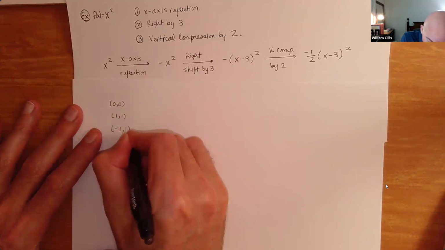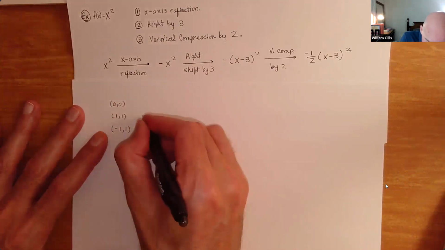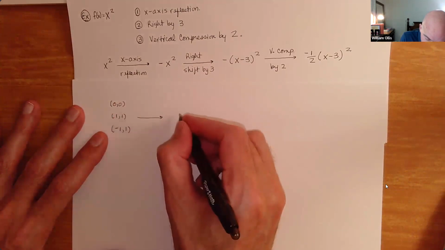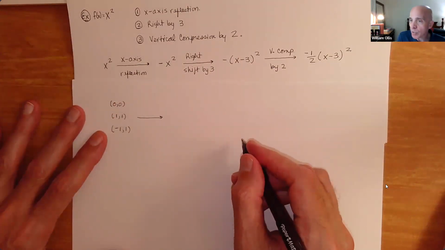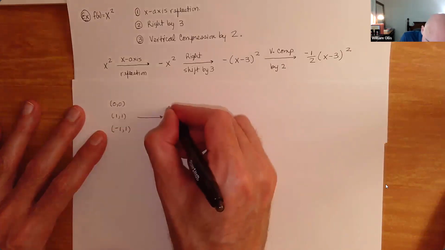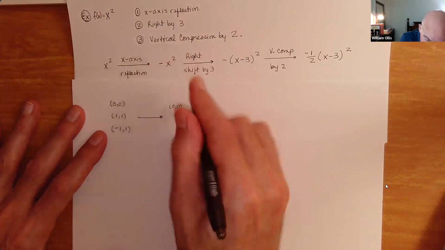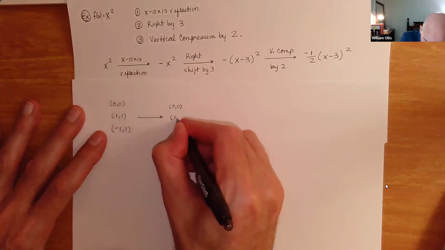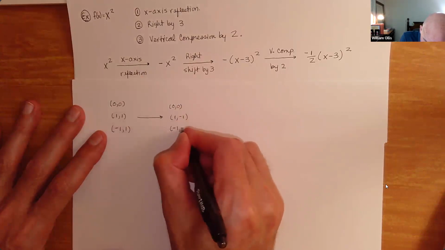Those are 3 simple points on the parent graph, and we can figure out what happens to these points by these transformations. So x-axis reflection just means that we replace all of the y-coordinates with their negatives. So we have 0, 0. I'll just follow these. We have 1, -1. And then we have -1, -1.